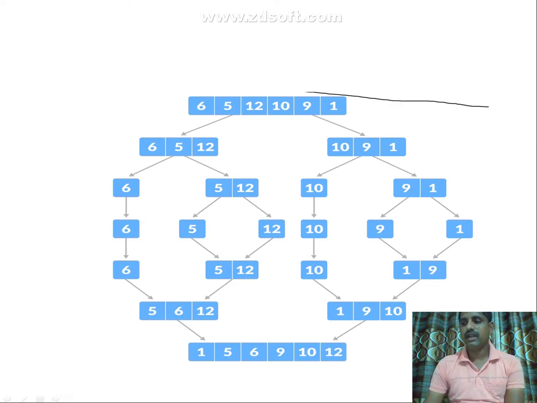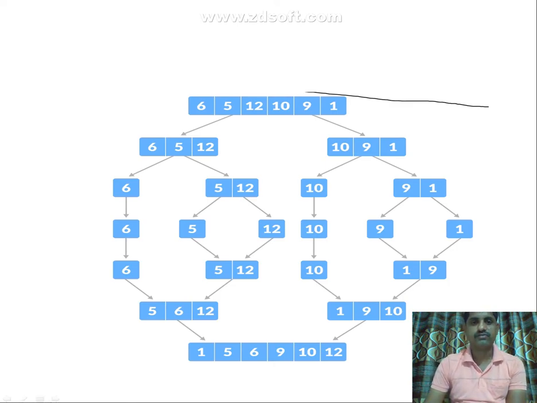Now, when n equals 6, we have to represent the sequence of recursive calls that the merge sort procedure produces. The pair of values in each node gives the values of the parameters low and high. See here, 6, 5, 12, 10, 9, 1, only 6 elements.